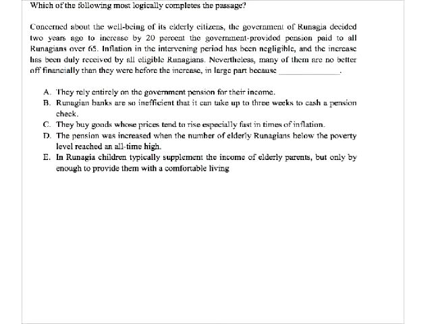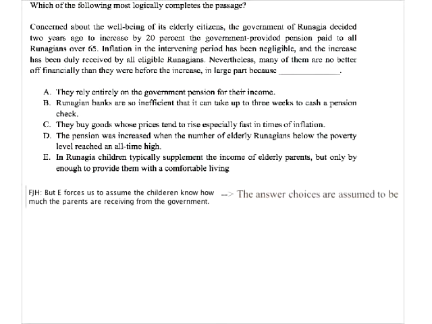This one says, E forces us to assume the children know how much the parents are receiving from the government. It does, but the answer choices are facts. So the answer choices are assumed to be true.